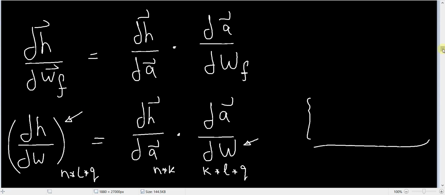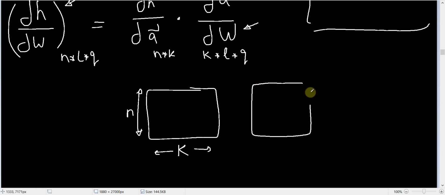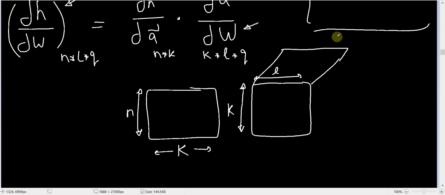So in a visual form, if you have a matrix here having dimensions of n here by K in this direction, and you want to multiply this matrix by a tensor having dimensions of K as this first height, then having also here L, and in the third dimension you have a Q, so you have here the Q dimension, and this is a 3D tensor, and you want to perform this multiplication.